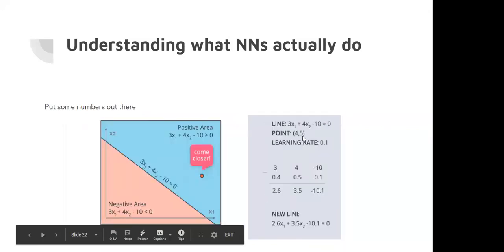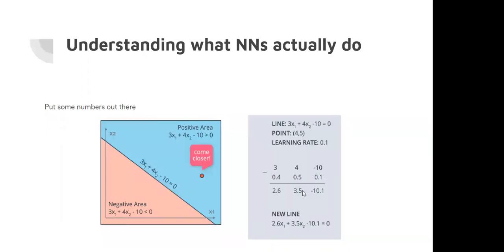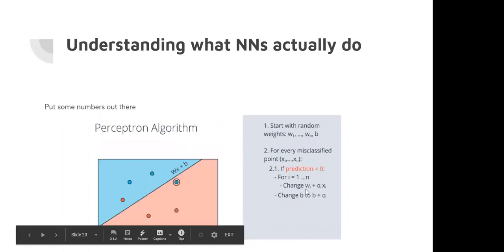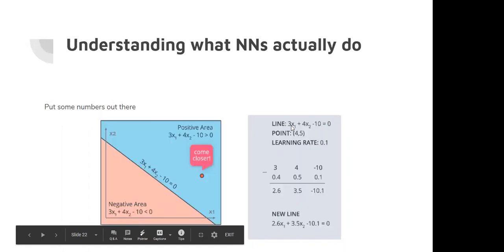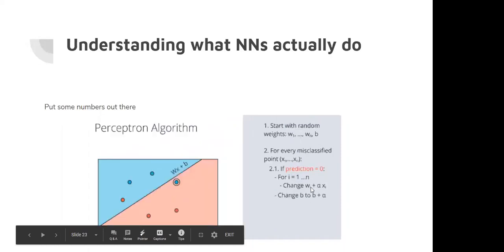You take the coordinates of the point, multiply it by alpha, which is your learning rate, and you update the weights. So we are updating W1, W2 of this line, and the bias is also updated.